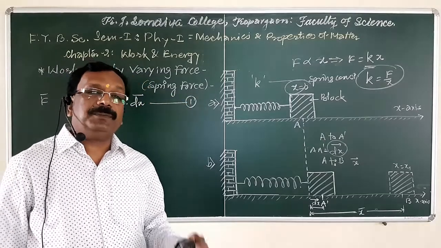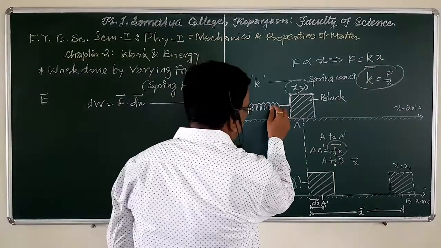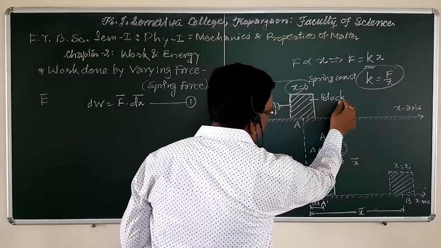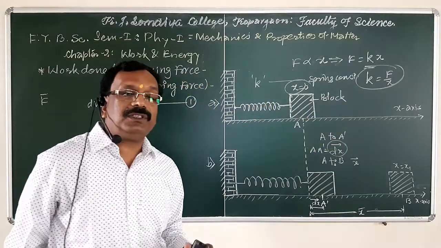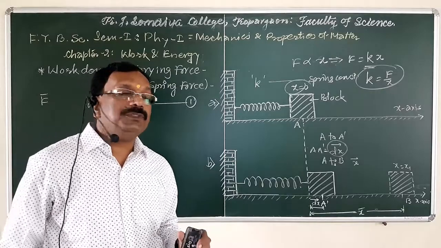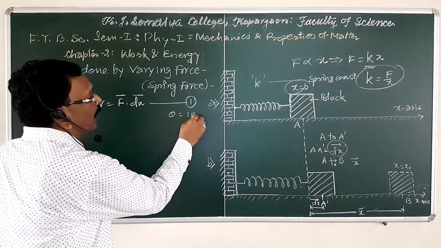As the force and displacement are oppositely directed, बघा आपण ब्लॉक फोर्स या बाजूला अप्लाय करतो आणि डिस्प्लेसमेंट इथं घडते. म्हणजे डिस्प्लेसमेंट आणि फोर्सची डिरेक्शन अपोजिट आहे. म्हणजे त्यांच्यामध्ये अँगल theta is equal to 180 degree.